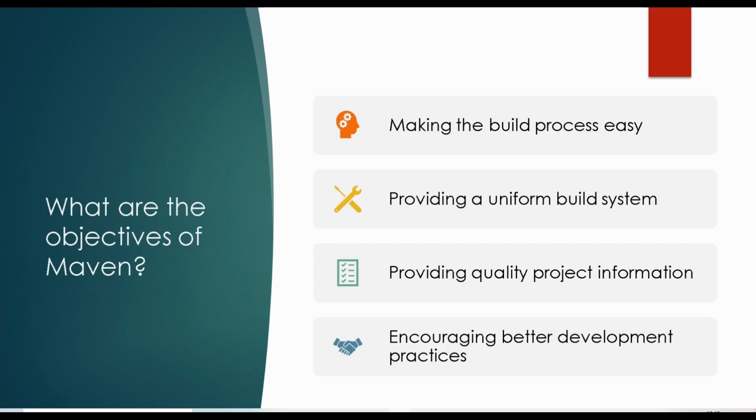Maven will do that for you. Using the Maven command, you can make the code into packages, or you can build it, or you can review whether any error is there in your project. All these things can be handled using Maven. Even the testing of the project can be done by Maven.